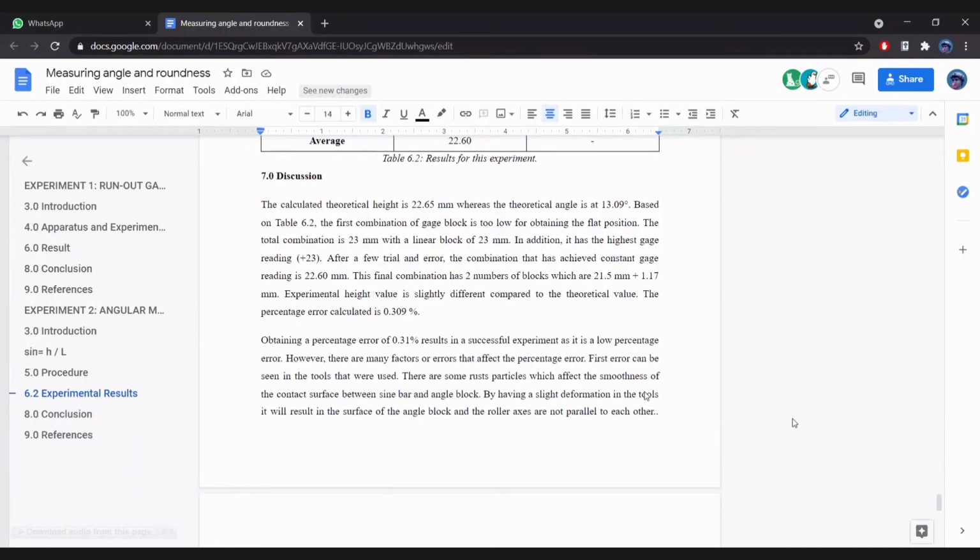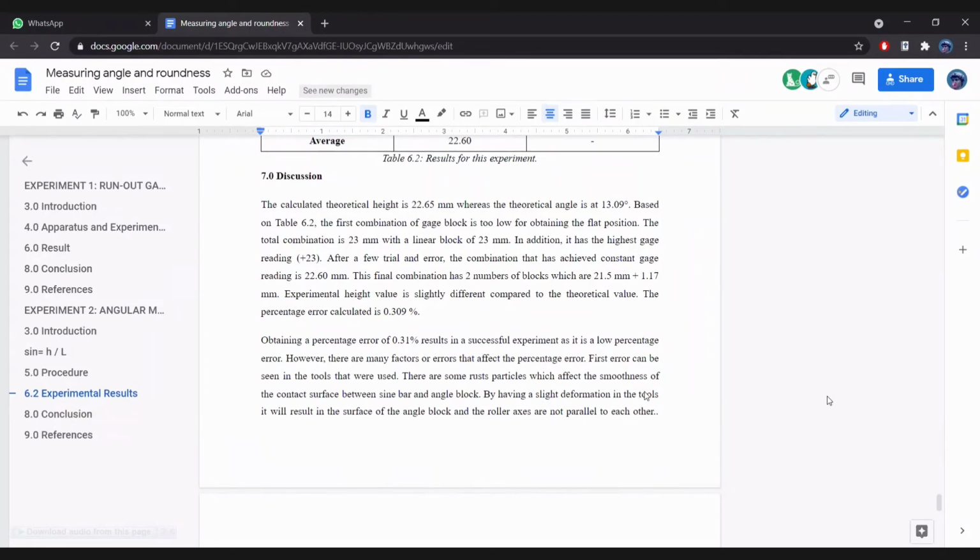After a few trials and errors, the combination that achieved a constant gauge reading is 22.60 millimeter. This final combination has two blocks, which are 21.5 millimeter and 1.17 millimeter. The experimental height value is slightly different compared to the theoretical value.